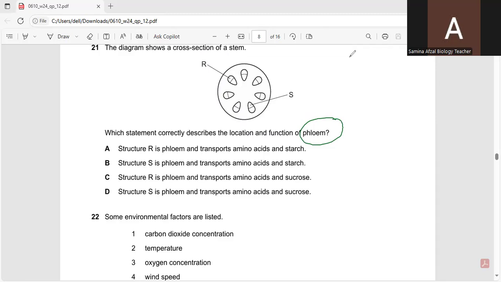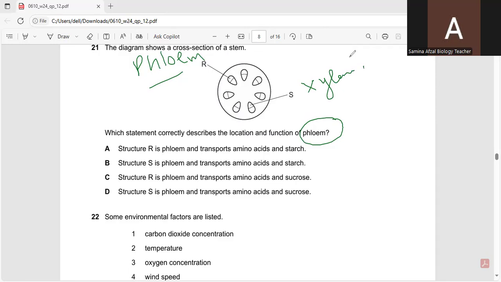In this way, I would like to say that structure R is phloem. Yes, structure R is phloem. This is correct. This is a stem, and in the stem, the outer tissues are called phloem tissues, and S is the xylem, which transports water and mineral salts.